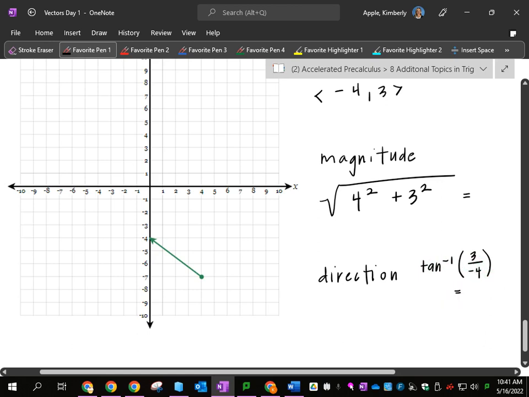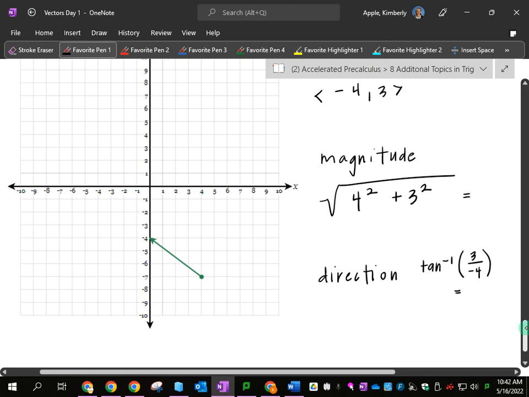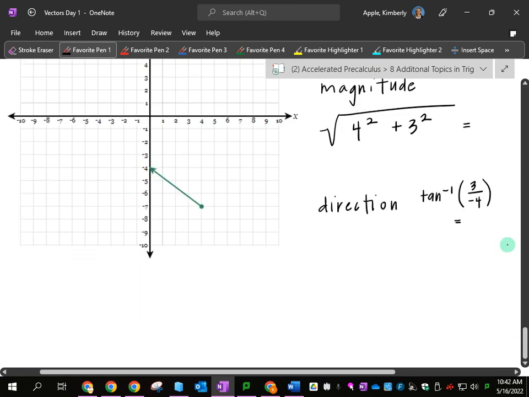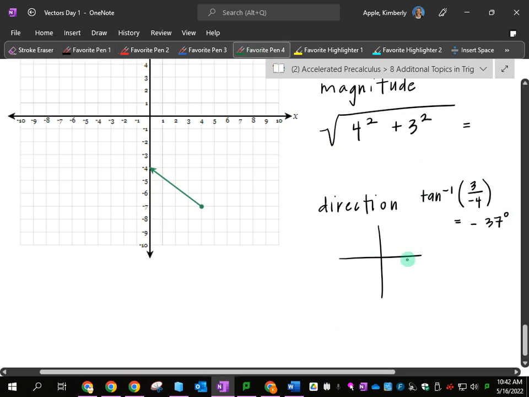Well, this is going to give you something tricky. So let's do the tangent inverse of 3 over -4 and see what you get. You'll get -37 degrees. Well, if you remember from the previous unit, tangent inverse in your calculator gives you a value over here.